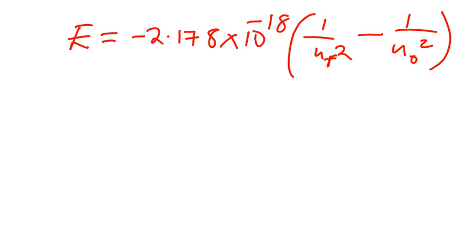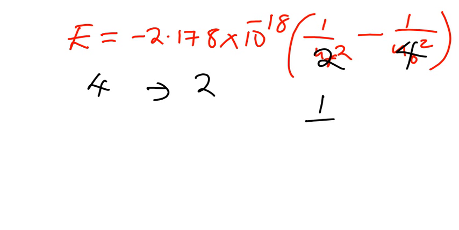Let's say you have a transition of an electron from the fourth energy level to the second energy level. You substitute: the final one is 2 and the initial one was 4. So you have 1 over 4 minus 1 over 16.